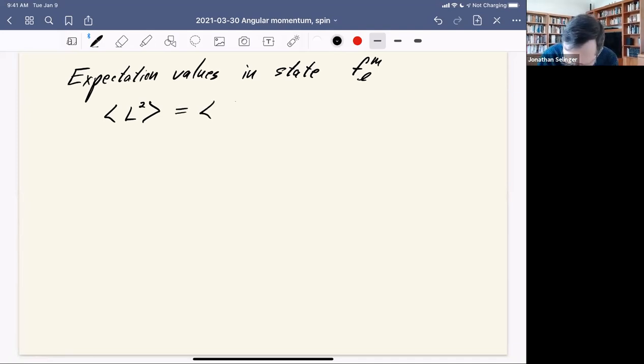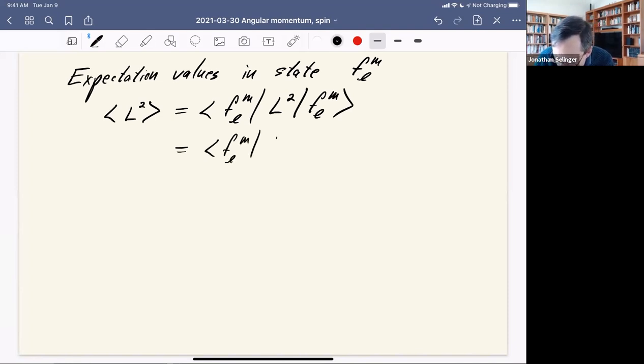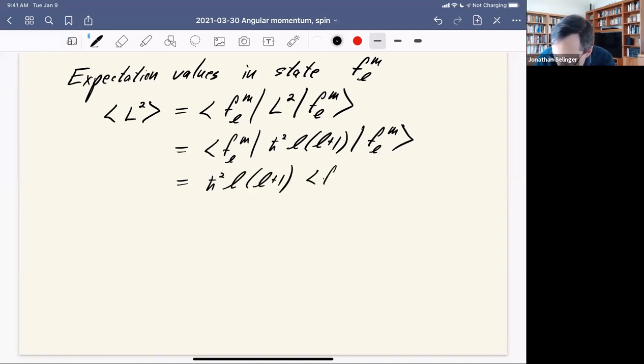So that means this combination, the inner product of f L M with L squared acting on f L M. So that is f L M acting on h bar squared L times L plus 1 acting on f L M. So this is h bar squared L times L plus 1 times the inner product of the state with itself, which should be normalized.